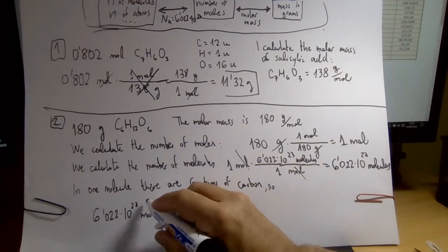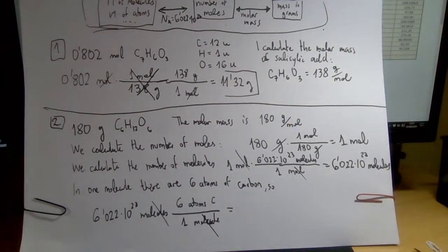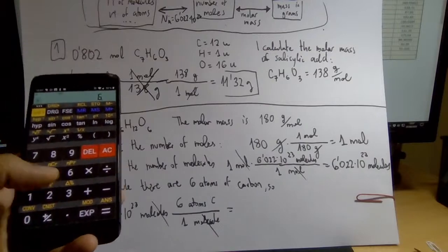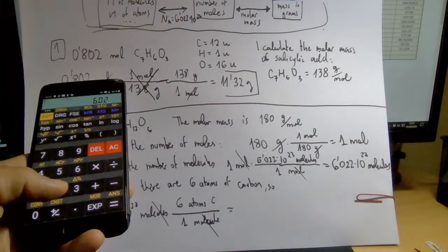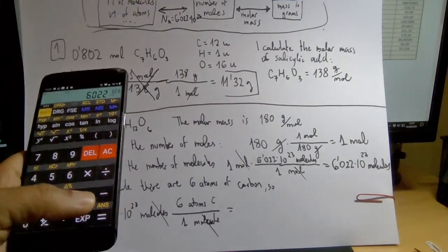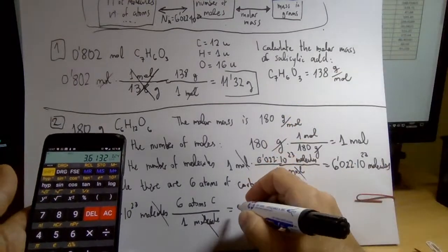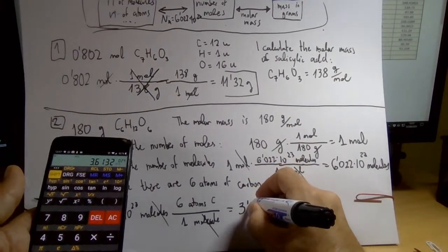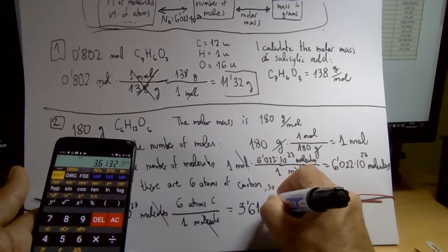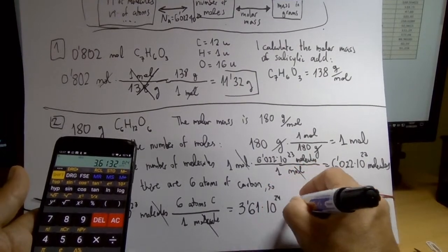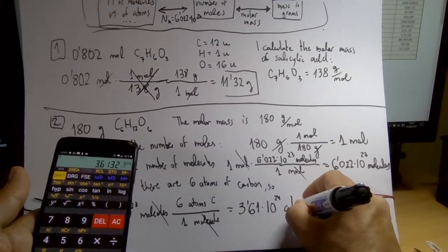So six times the Avogadro number, 6.022 times 10 to the 23. We have 3.61 times 10 to the 24 atoms of carbon.